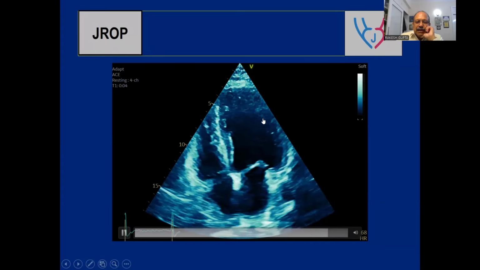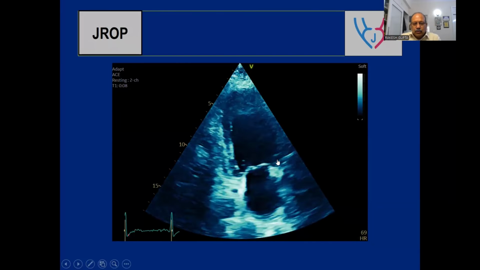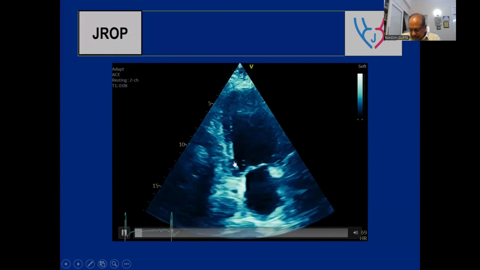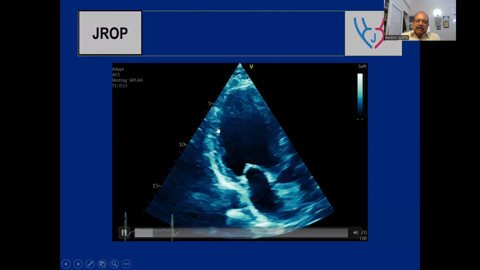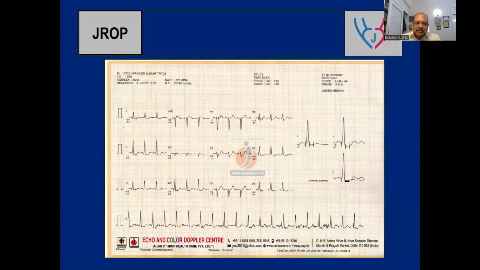Apical lateral, mid lateral. Basal lateral is gone. Two chamber view, nothing abnormal. Anterior as well as inferior wall. And if you go to three chamber view, mid and basal posterior wall is gone. So we are dealing with posterior or circumflex territory infarction. And here's the answer: we have an ST segment depression in leads II, III, aVF, V4, V5, V6.